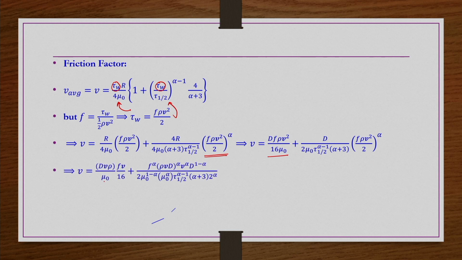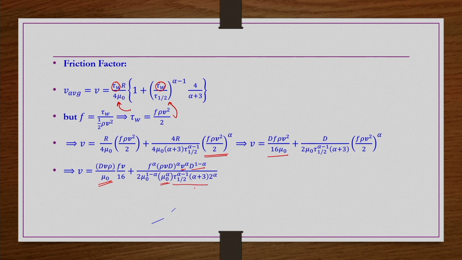Then we have here, in the first term on the right hand side, D v rho by mu naught, F v by 16, plus the second term, F power alpha, rho power alpha, v power 2 alpha, etc. How I am writing: rho power alpha, v power alpha, D power alpha, and then the remaining v power alpha, whatever is there, I am writing separately, because here you have only one D. So D power alpha you have written here, D power 1 minus alpha I am writing here, divided by 2 mu naught power 1 minus alpha, and then mu naught power alpha.